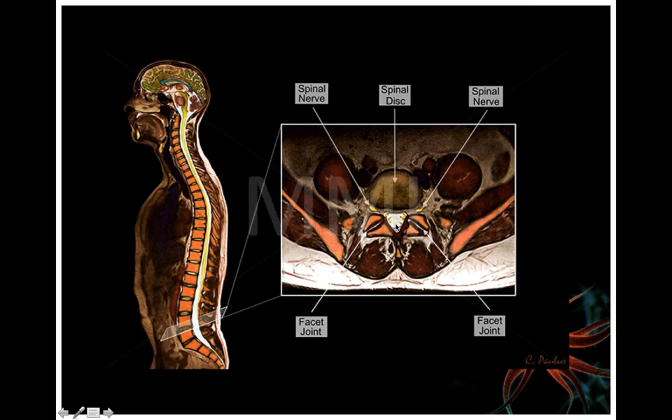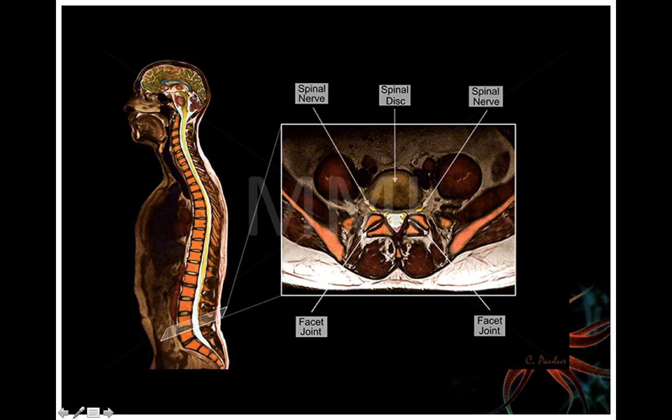But the important things to look at are the facet joints in the back. Remember, if we add the superior articulating process to the inferior articulating process, you end up with a facet joint, one on each side. And you have the spinal canal where the nerves are going down, and let me explain the spinal cord.